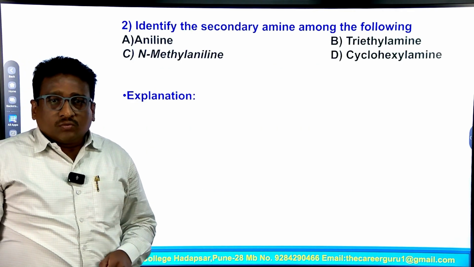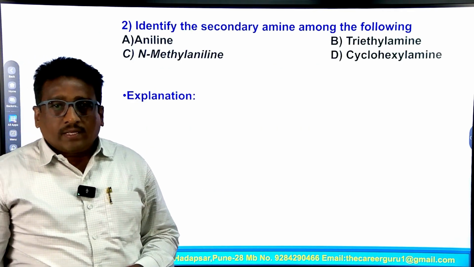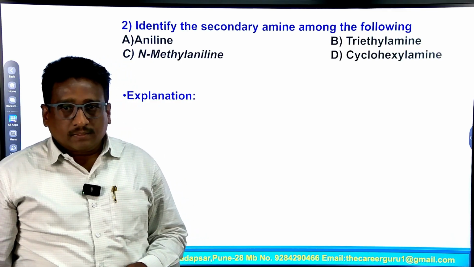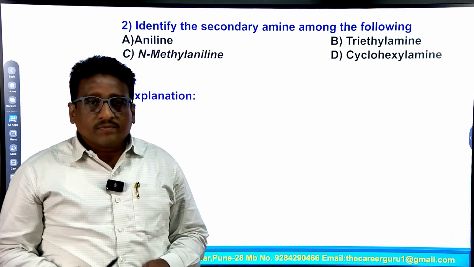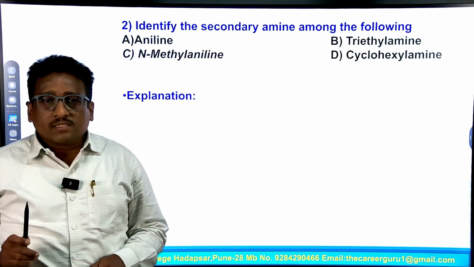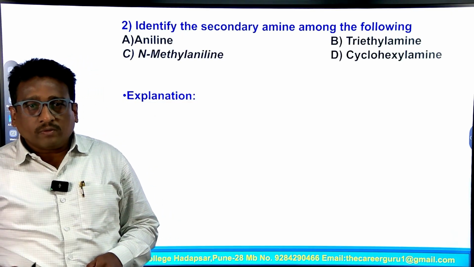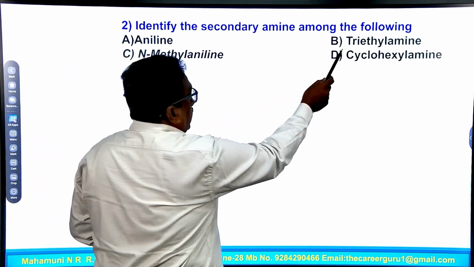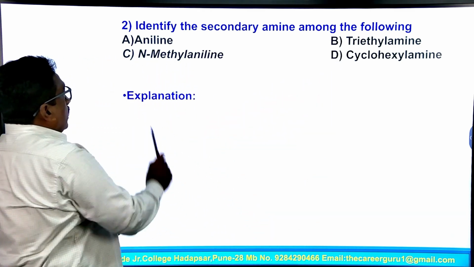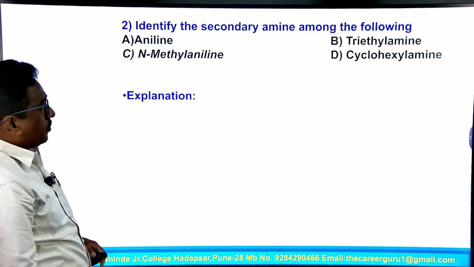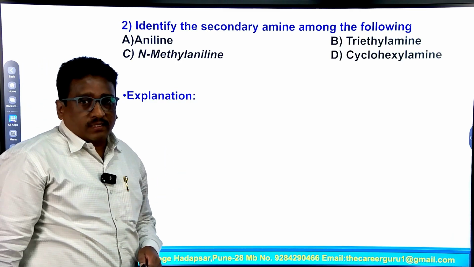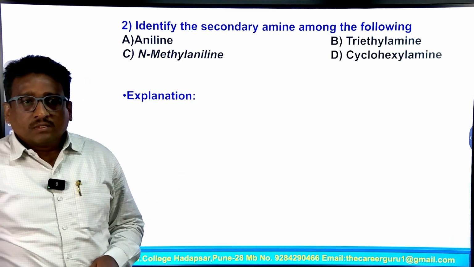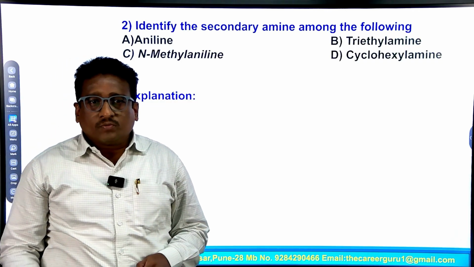The second MCQ: identify the secondary amine among the following compounds. Option A, aniline. Option B, triethylamine. Option C, N-methyl aniline. And option D, cyclohexylamine. First, we write the structures of these 4 compounds.